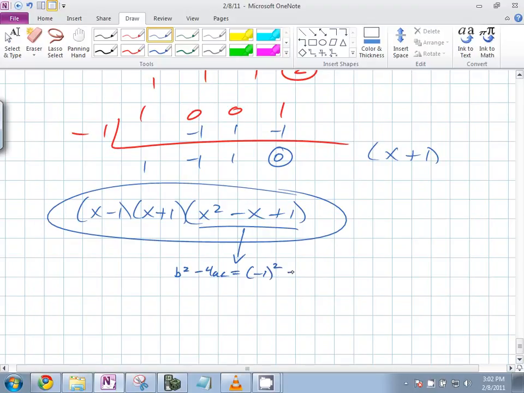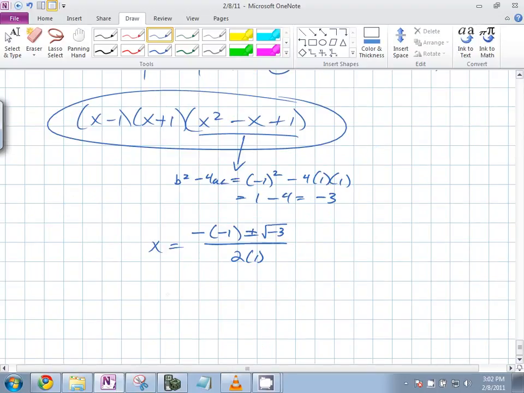That equals 1 minus 4, which is negative 3. So it's negative b, so negative 1, plus or minus the square root of negative 3 all over 2 times 1. If we simplify this a little bit, x is equal to 1 plus or minus i root 3 all over 2. I know you guys don't know what imaginary numbers are, but there you go.